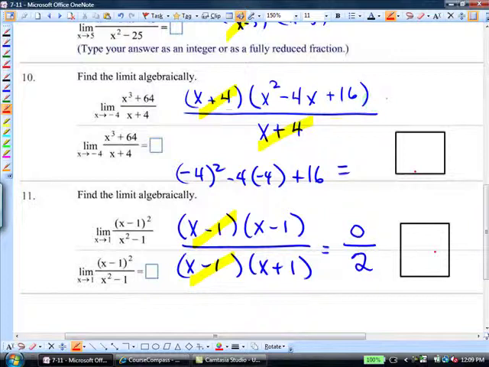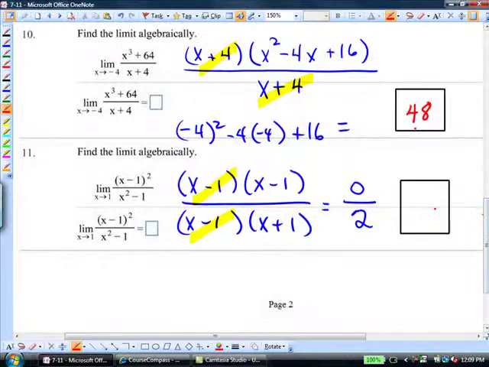So when you plug in -4, what do we get? Some of us maybe wake up and try that. I think it's 48. Yeah, you're doing it in your head real fast. All right. On the bottom, we can't plug in 1, so we know to try and factor.